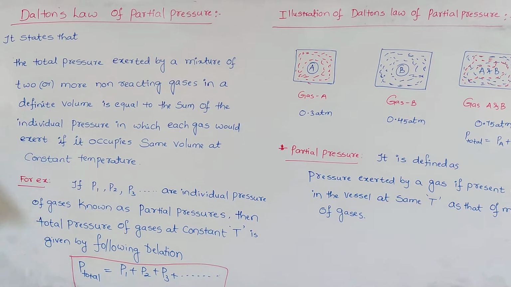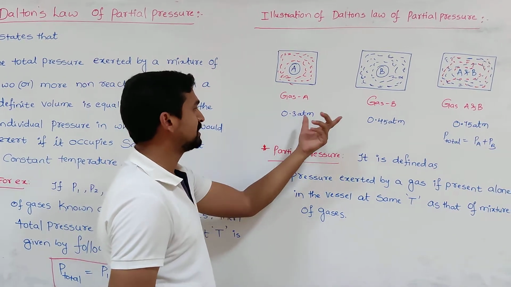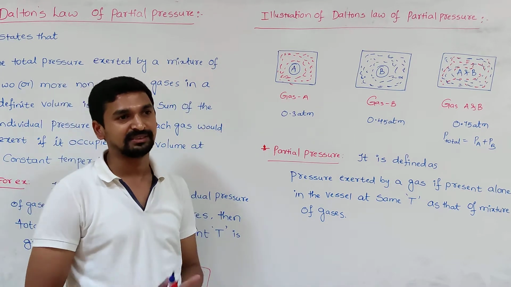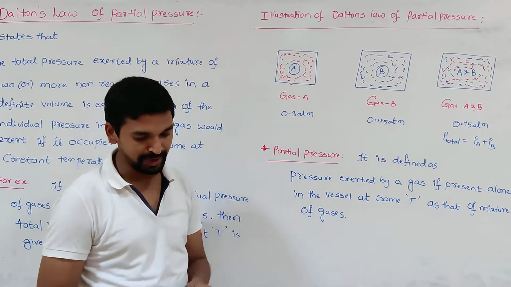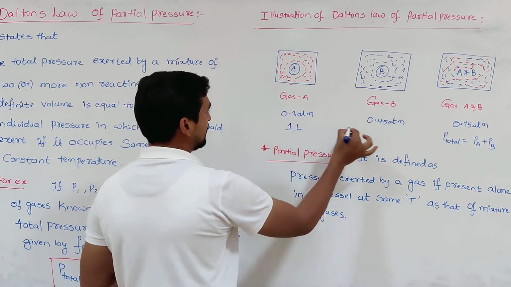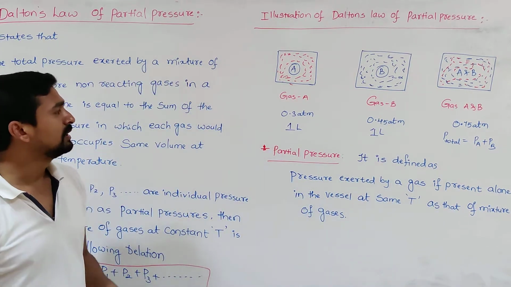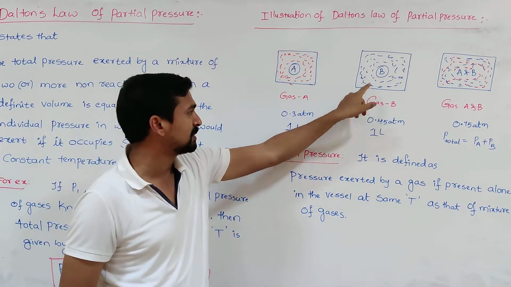To understand Dalton's law, let us take an example. With the help of this example, we can easily demonstrate it. Let us take two gases, named A and B. Both gases are placed in separate 1 liter containers. Here gas A is placed, here gas B is placed.